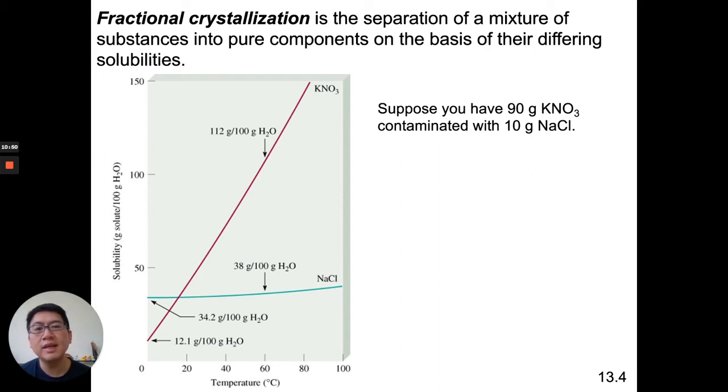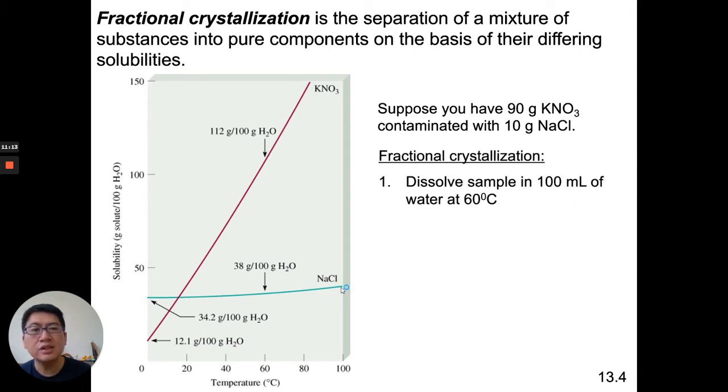We can use the fact that they have different solubilities. Notice that the solubility of potassium nitrate is very high with hot water, okay, and very low with cold water. Sodium chloride pretty much stays the same. So what I can do is I can take 100 milliliters of water at 60 degrees Celsius, okay, right there.